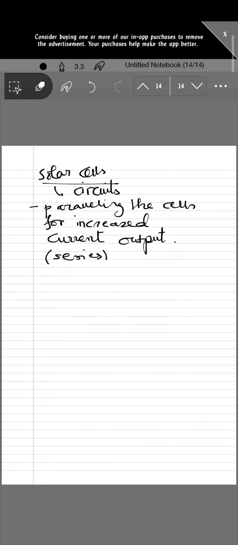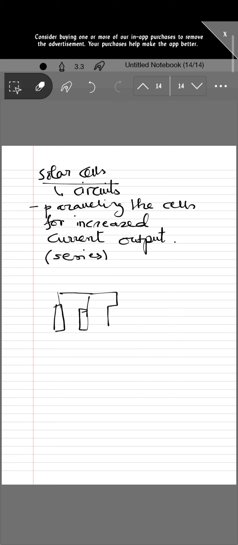So if this is how the solar cell is placed, this is one solar cell, and this is one more solar cell.